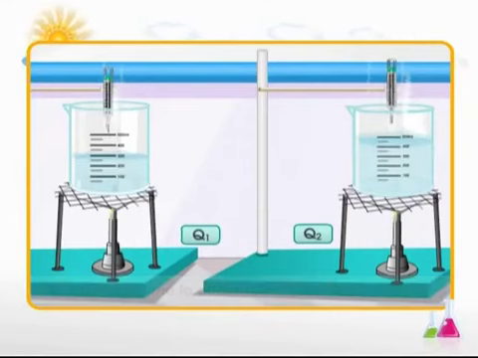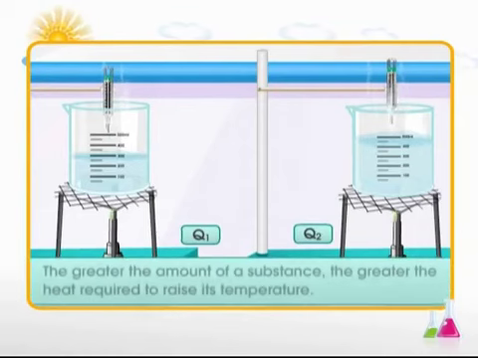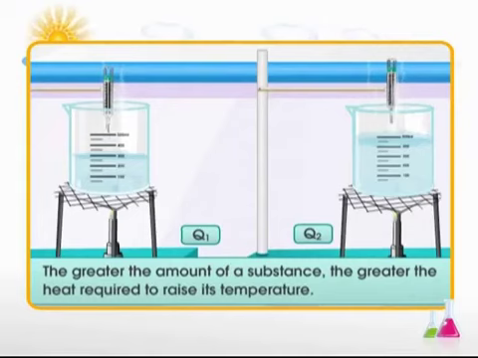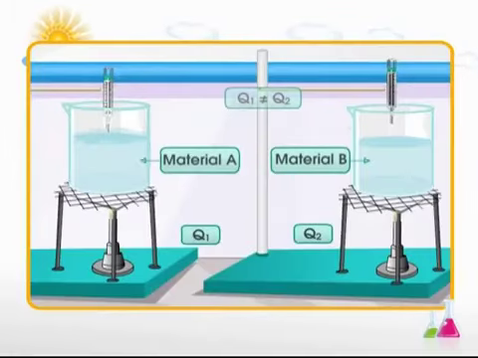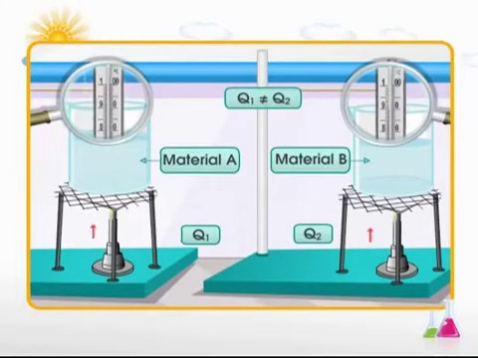You can conclude that the greater the amount of the substance, the greater the heat required to raise its temperature. Two different materials also require different amounts of heat to attain the same temperature.